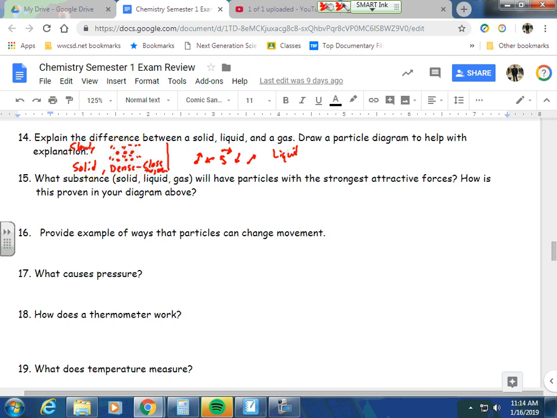So these are medium speed, medium spacing, medium density. And then we've got a gas. Gas particles are going to be really spread out. So this is the least dense, most spread out, moving the quickest. So I draw big arrows on them, again, random directions.